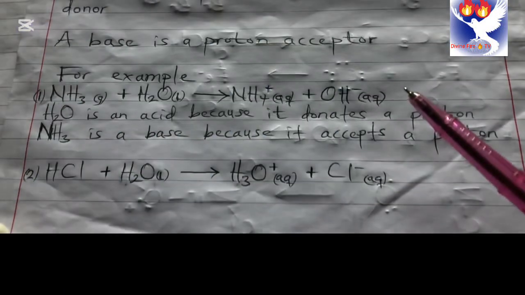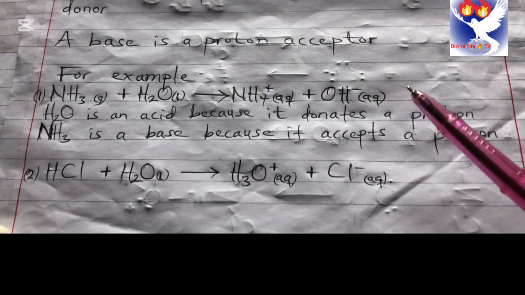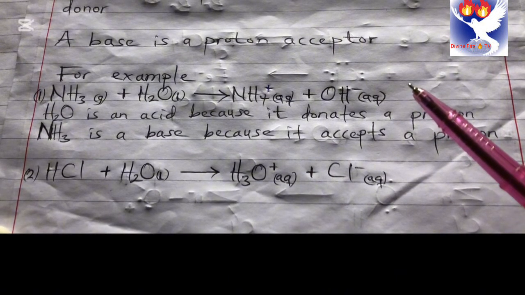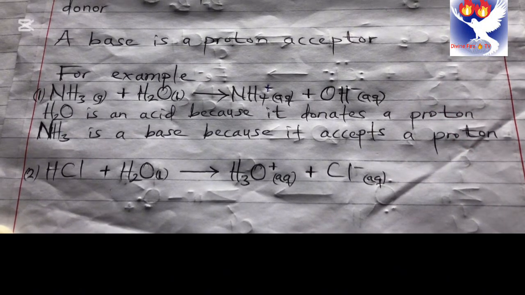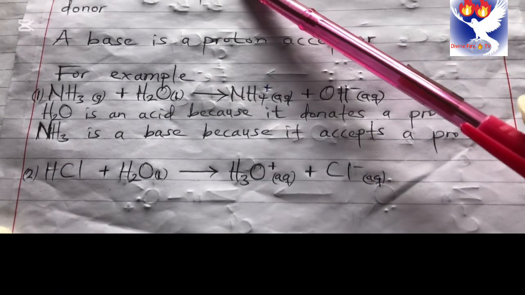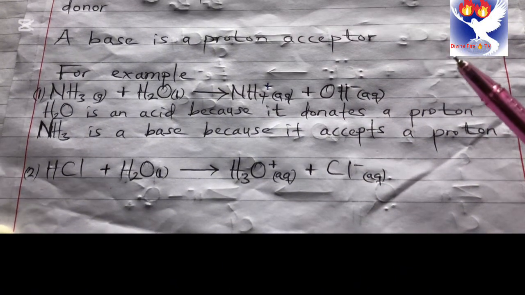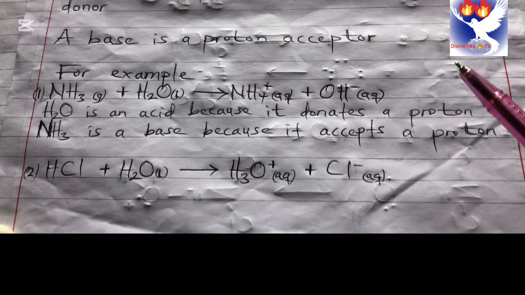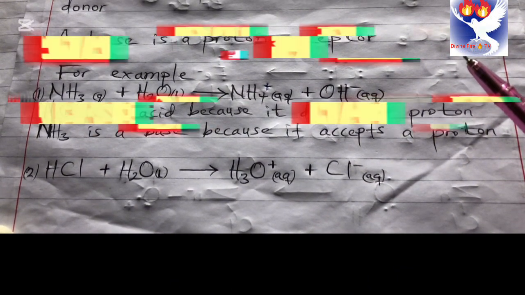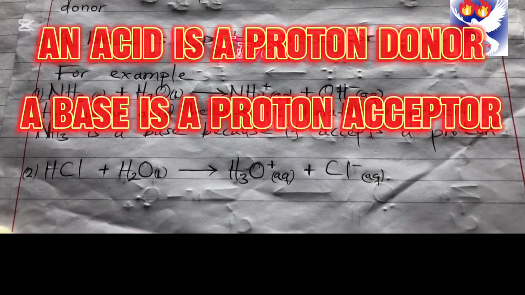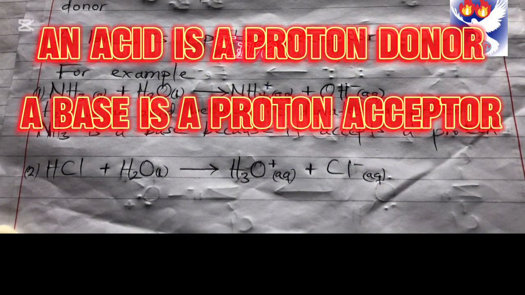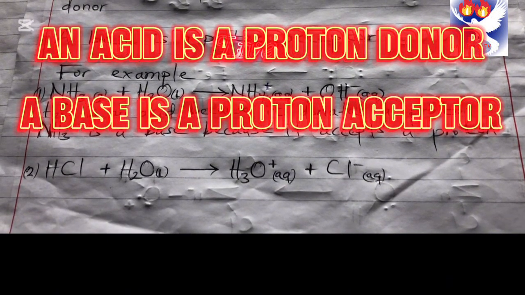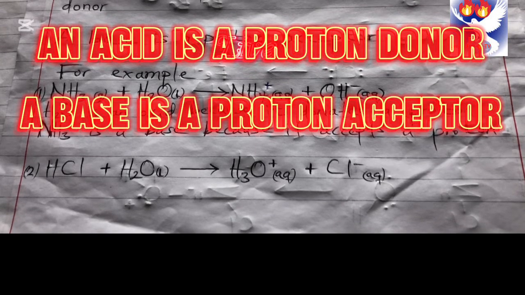According to Brønsted-Lowry, an acid is a proton or hydrogen ion donor. A base is a proton acceptor, according to Brønsted-Lowry theory.